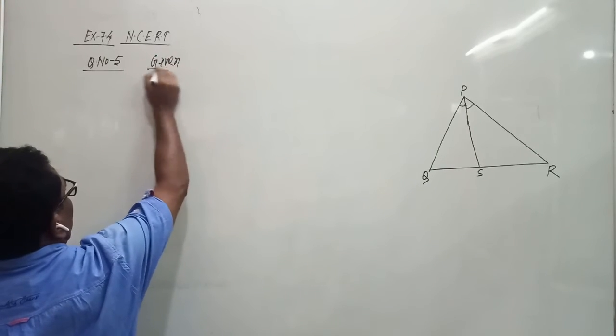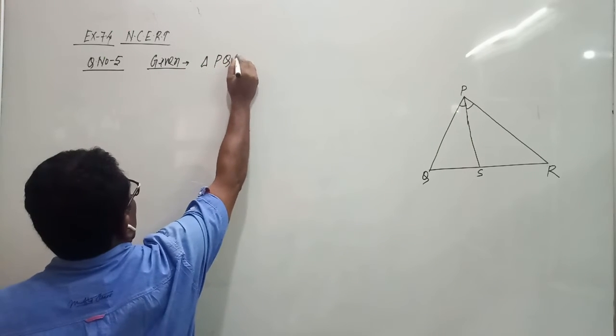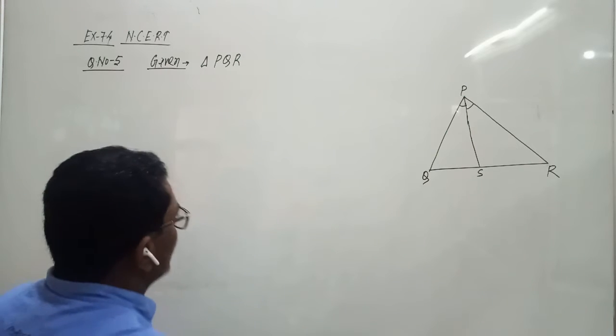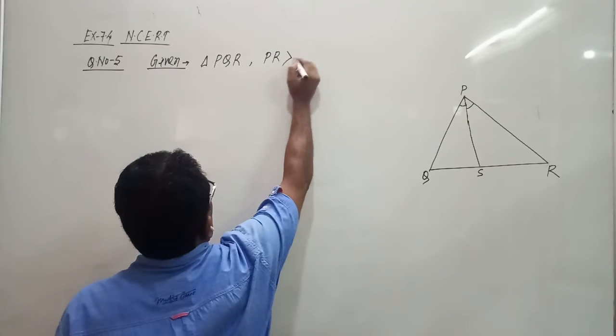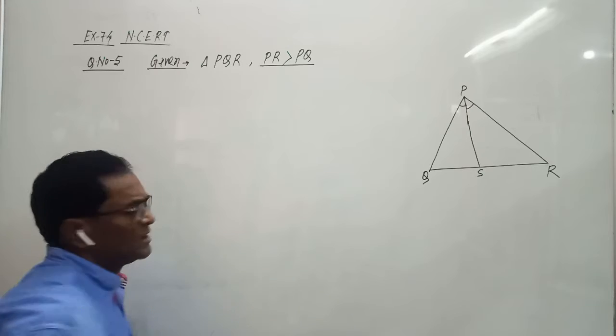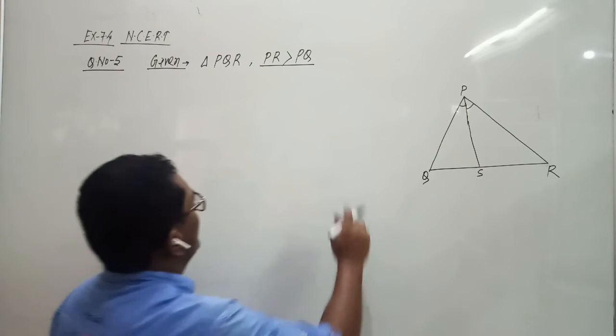Given triangle PQR in which PR is greater than PQ, and PS bisects angle QPR.